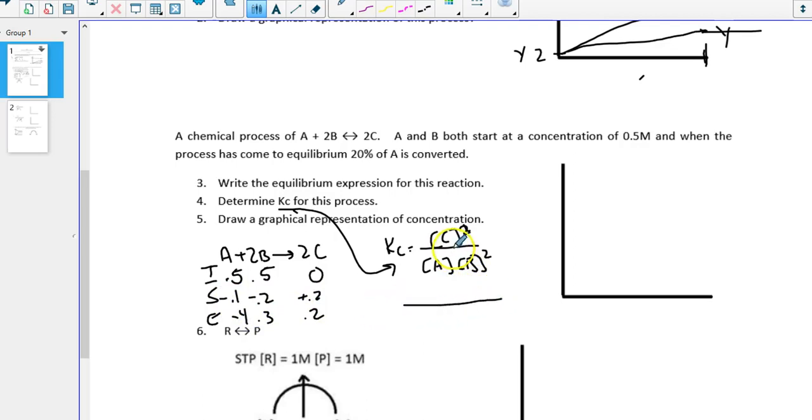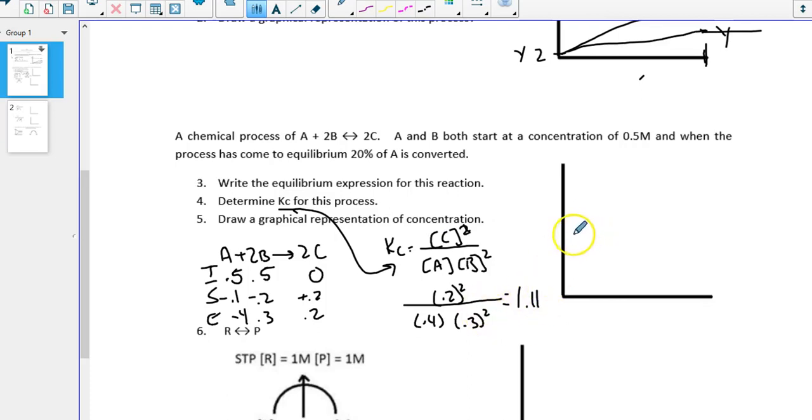Kc equals 0.2 squared, with 0.4 as A, and 0.3 as B, so 0.3 gets squared. 0.2 squared divided by 0.4 times 0.3 squared is 1.11.